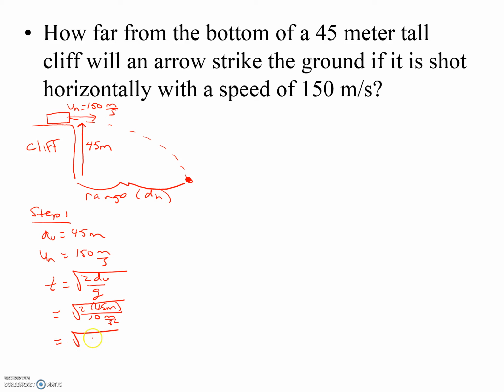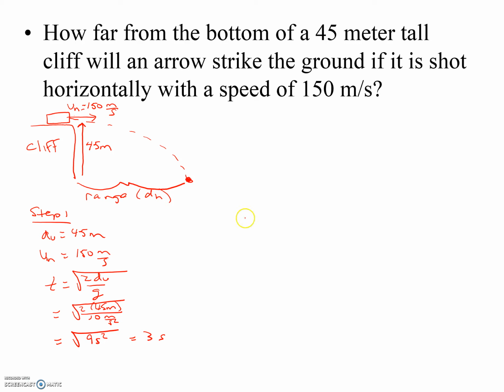So we've got the square root of 9, and our units that we're going to be left with are seconds squared. We're going to take the square root of 9 and the square root of seconds squared, and that's going to leave us with 3 seconds. That means it takes 3 seconds for our arrow to hit the ground.